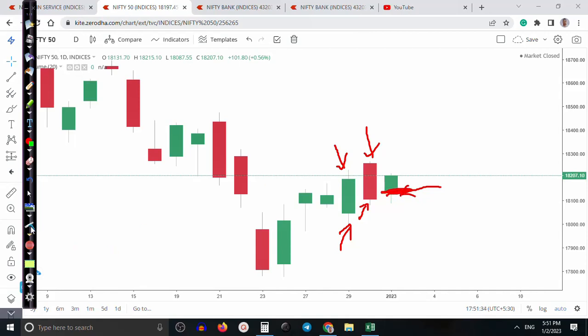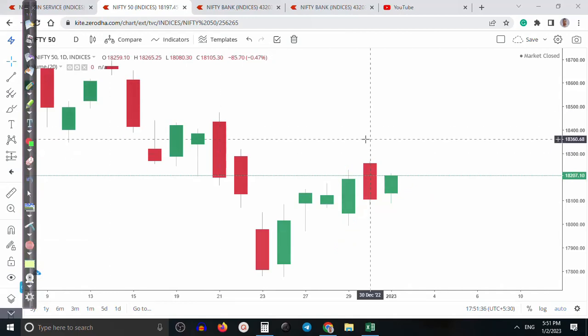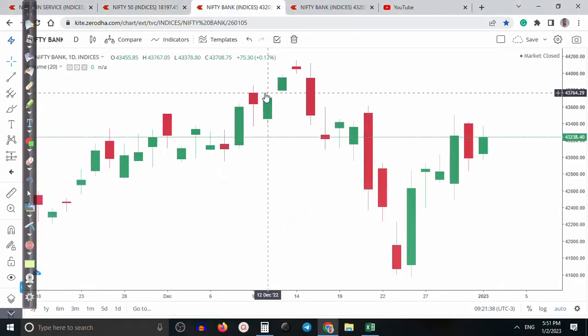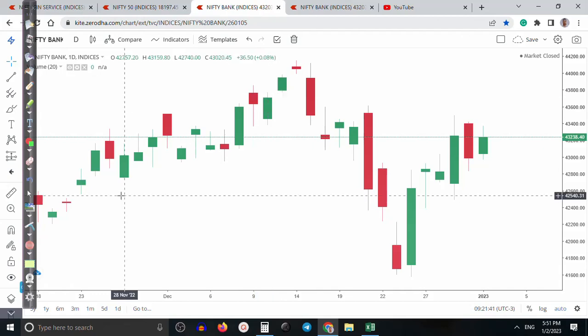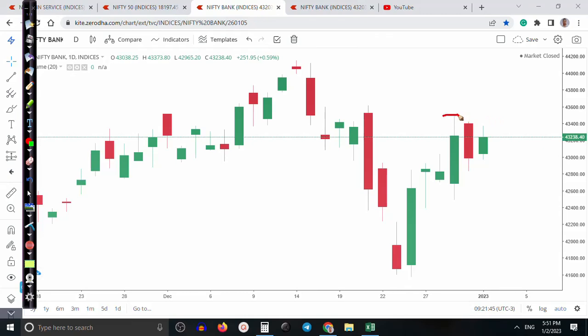Same condition. Now here I can see Bank Nifty, where we have seen a different scenario. Here I can see this higher point and that lower point, but the next candle's high is lower than the previous high, and this candle's low is higher than the previous candle's low. So this is called an inside bar.